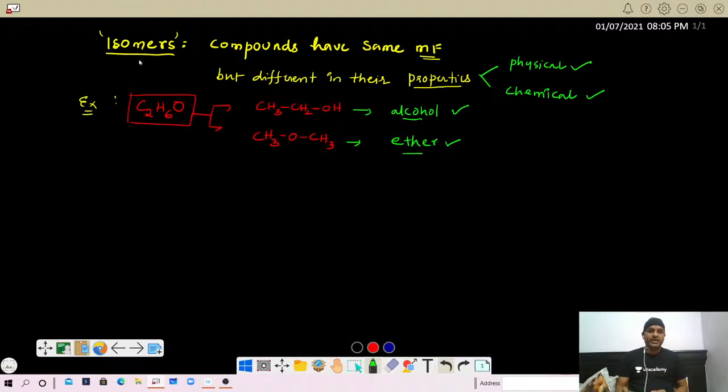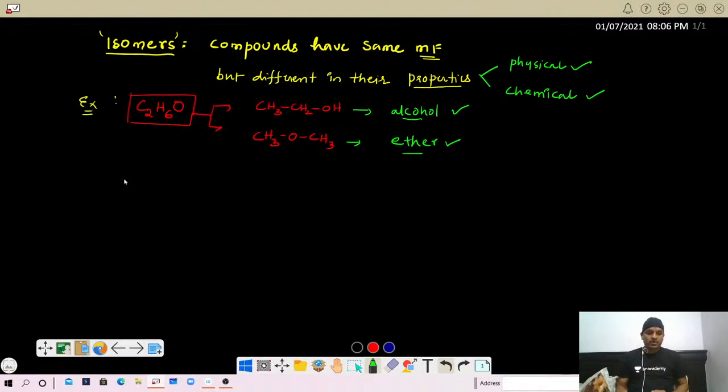So the basic idea is that the molecular formula should be the same. Now let us go for classification of isomerism. The study of this phenomenon, where compounds exhibit different structures and different properties with the same molecular formula, is known as isomerism.